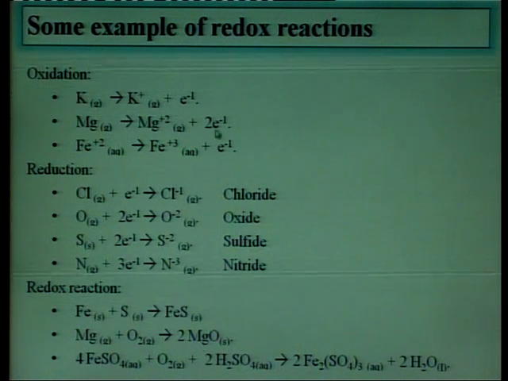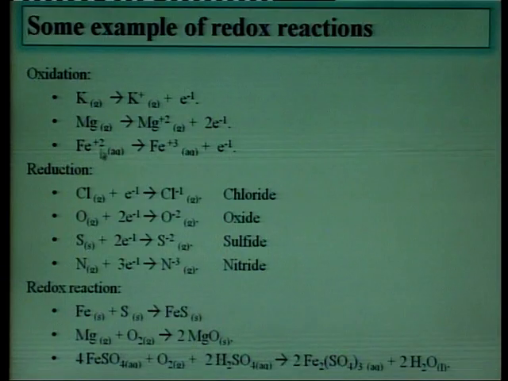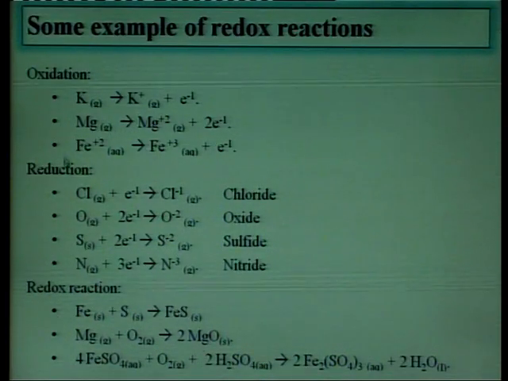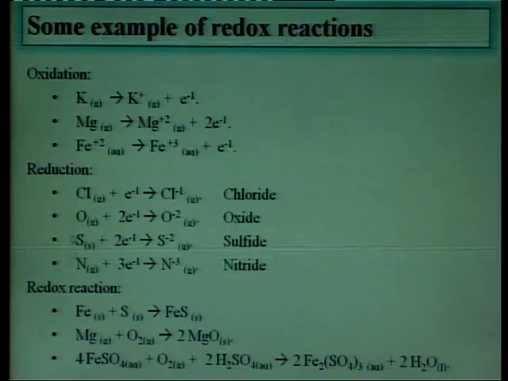This is loss of electrons by these atoms, and hence these atoms are said to undergo oxidation. And remember, purely oxidation does not take place, and purely reduction can never take place. So oxidation must be accompanied by reduction, and hence these reactions are called redox reactions.